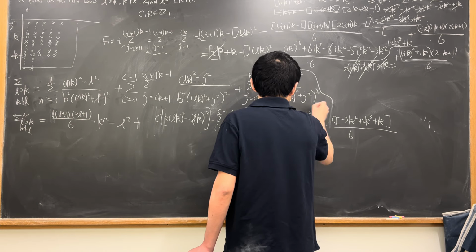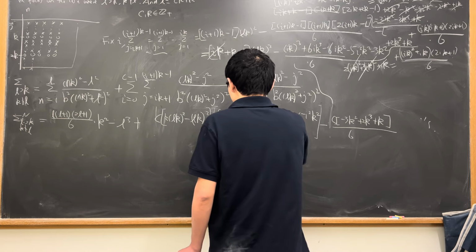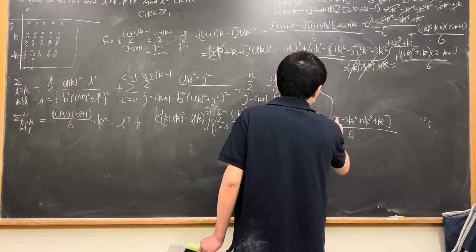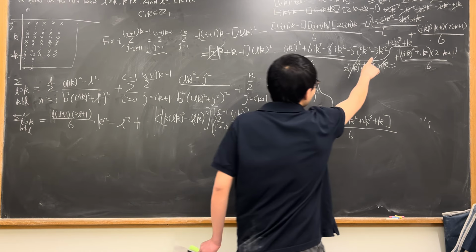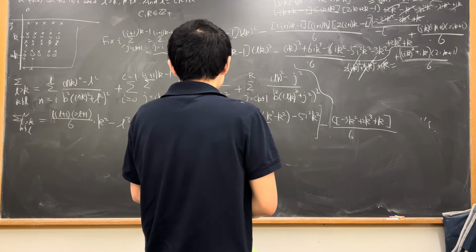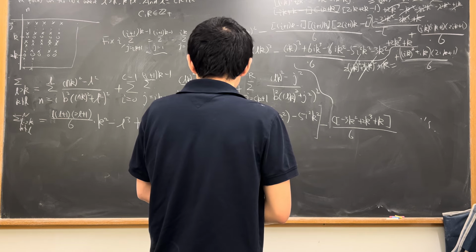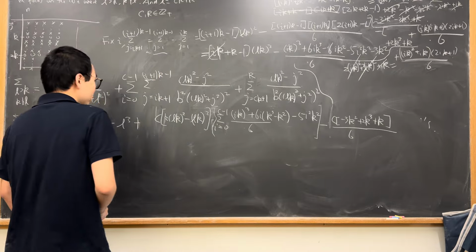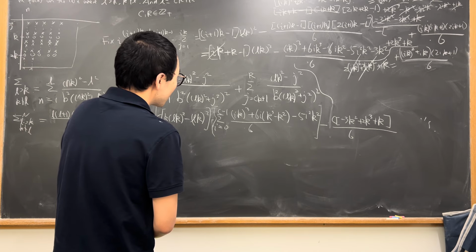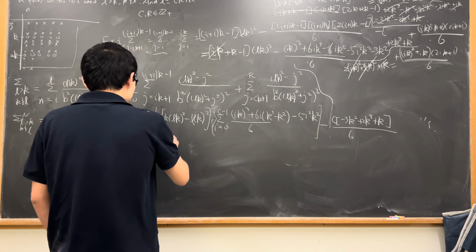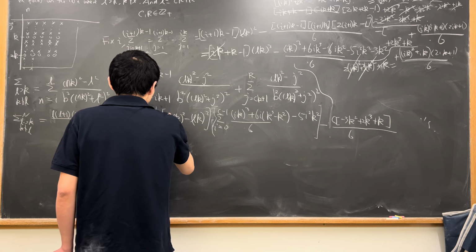This sum is just this part, because there's no i in the last three parts, so I just pulled them out separately. Right now, let's see. So this one is just k, right?